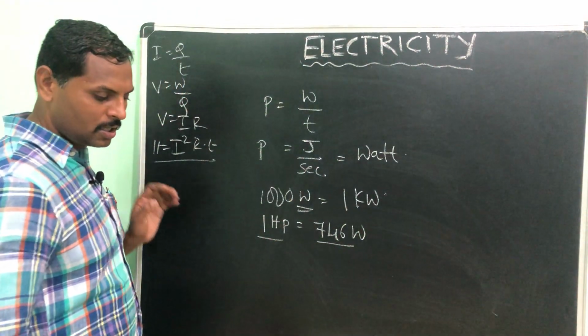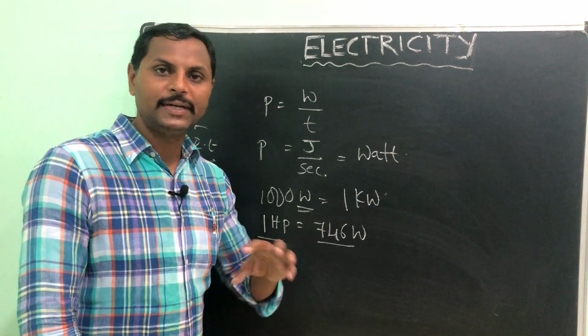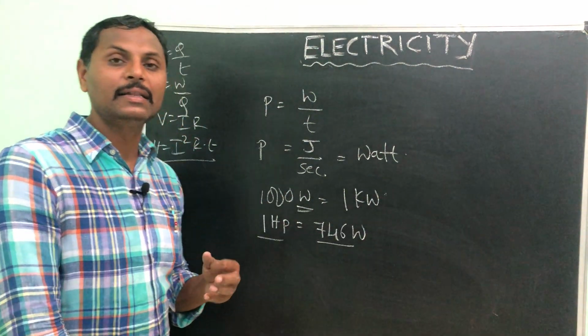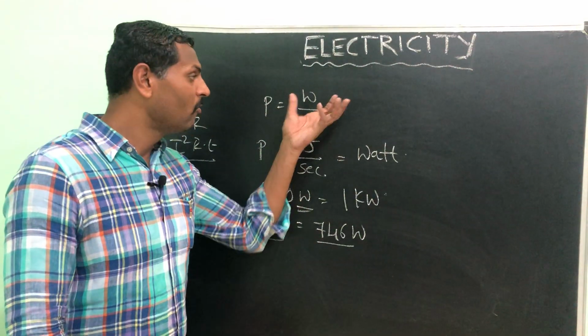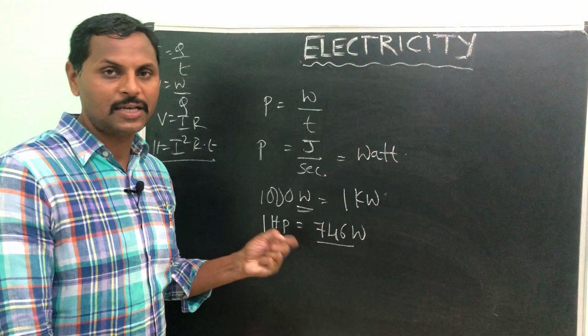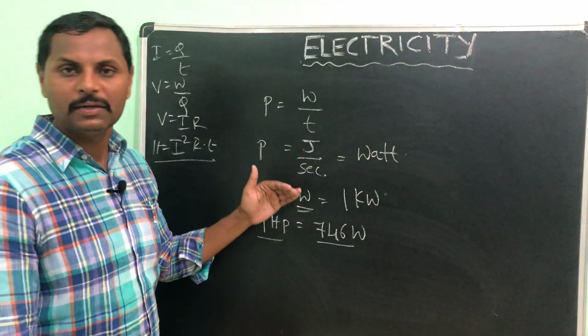Almost all the water lifting pumps and some tractor machines are measured in horsepower only. That means work done per unit time. Okay, work done per unit time, that means joules per second.